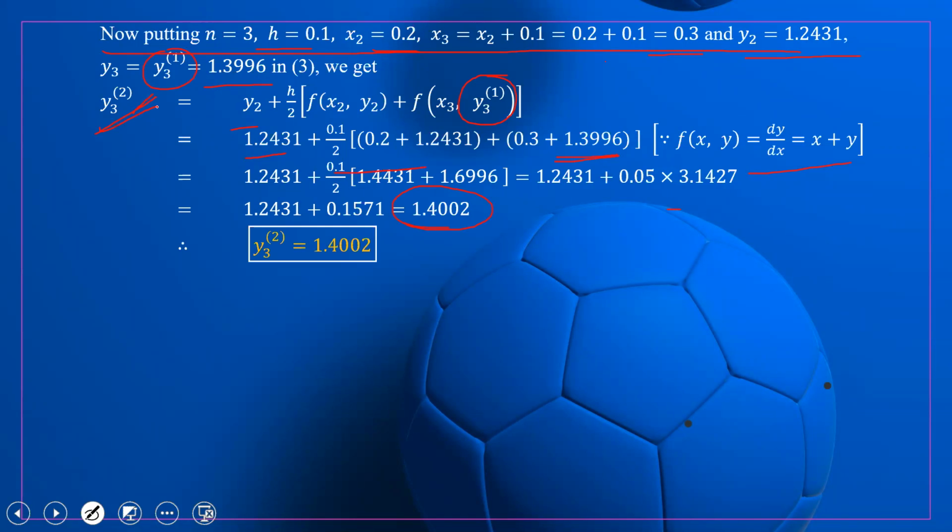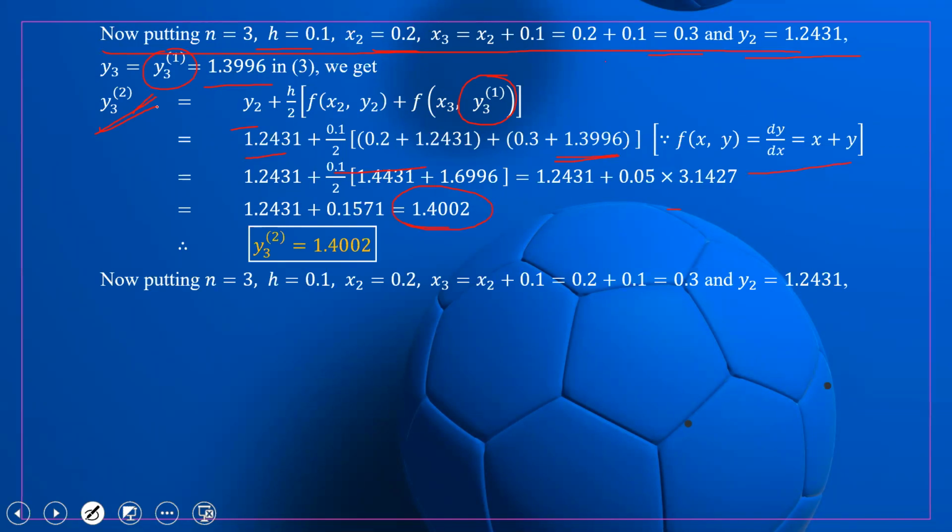Now let us again find. Now putting n equal to 3, h is equal to 0.1, x2 equal to 0.2, x3 equal to 0.2 plus 0.1 is 0.3, y2 is equal to 1.2431. And what is y3? y3 will be changed, y3 2. What is y3 2? This is 1.4002 in equation number 3.